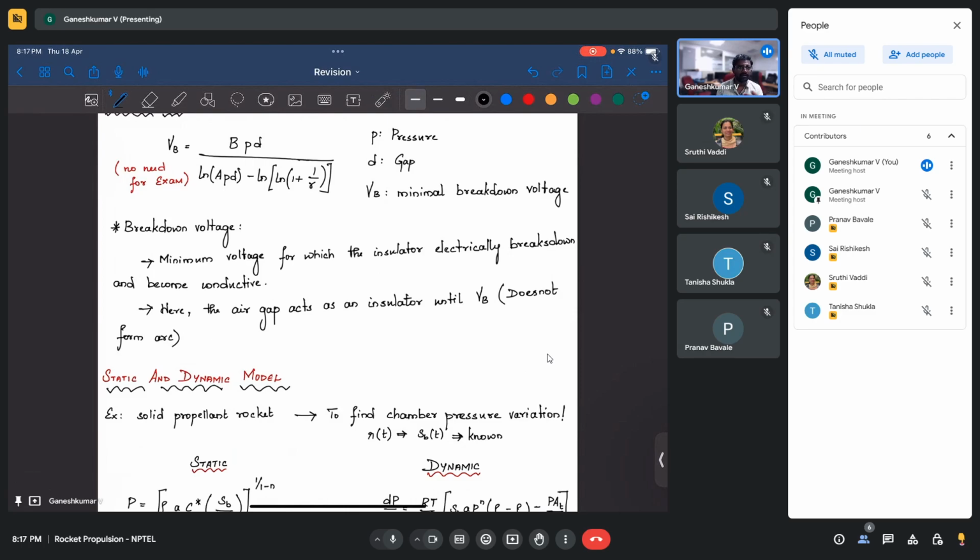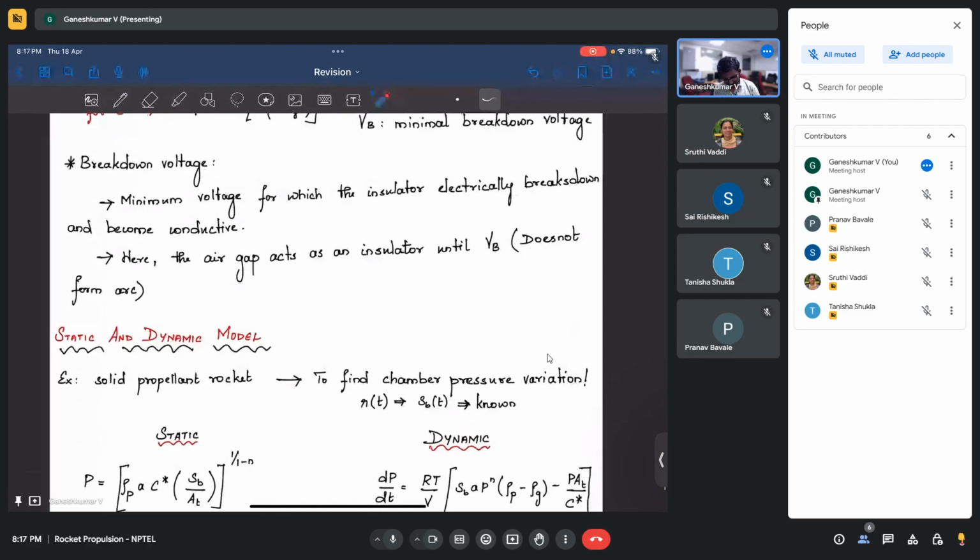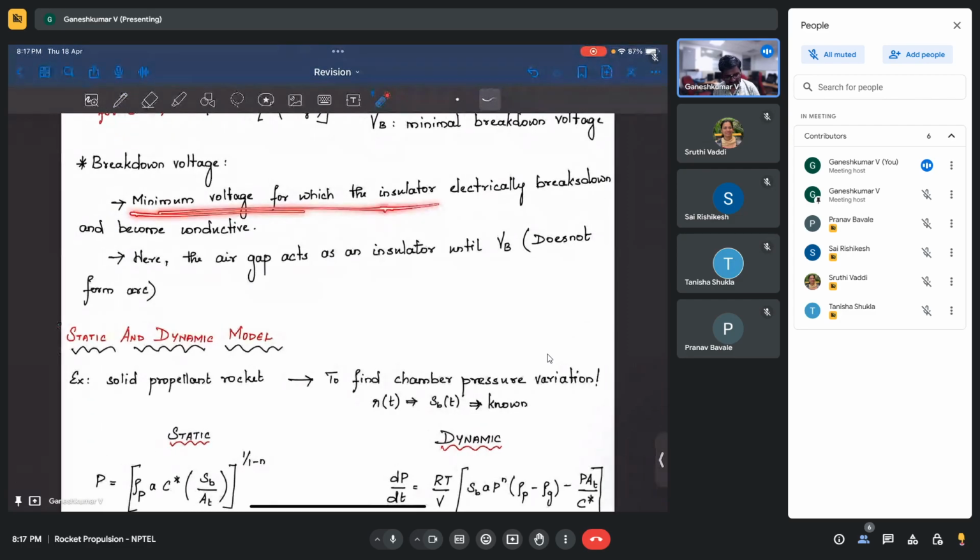The reason you have a certain limit is that for any voltage it will not form an arc, because there is always a resistance, so it will act as an insulator. It's a straightforward concept in electrical; we are mechanical, so we didn't understand it at that time. So it is like a minimum voltage for which the insulator electrically breaks down and becomes conductive.